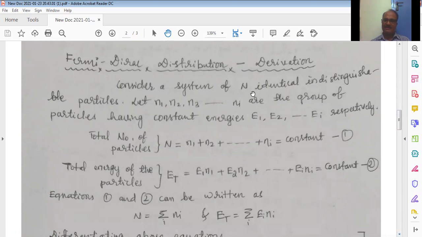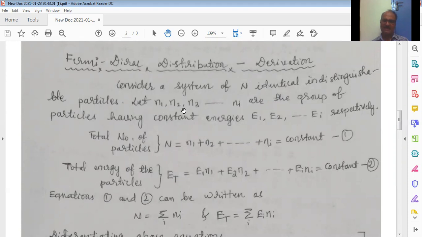So the Fermi-Dirac distribution derivation we have to start in this way, and the derivation is just like the earlier two derivations which I have done for the Maxwell-Boltzmann and the Bose-Einstein distributions. So consider a system of N identical indistinguishable particles.